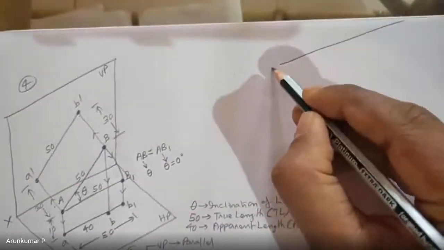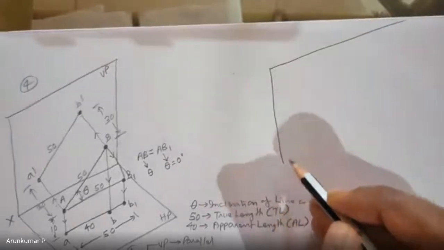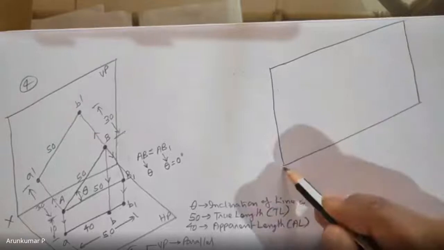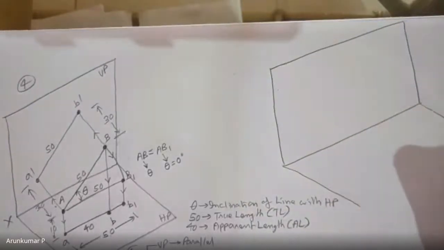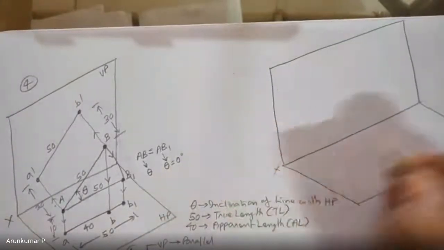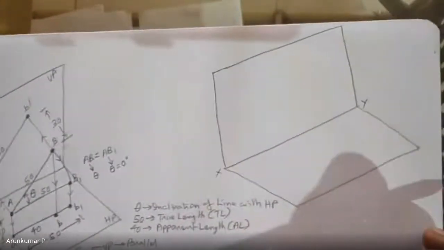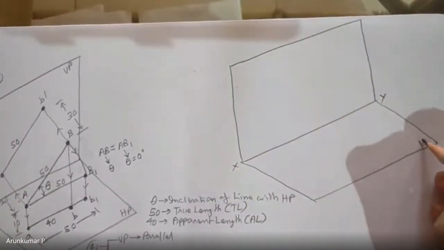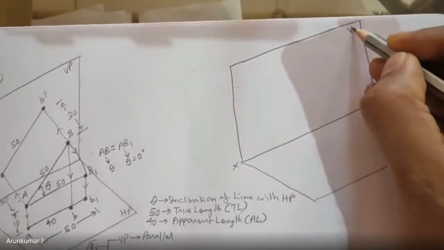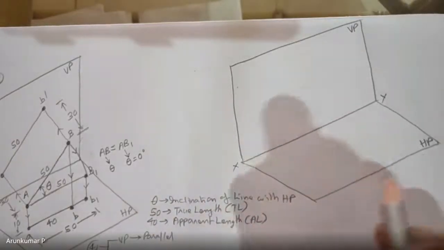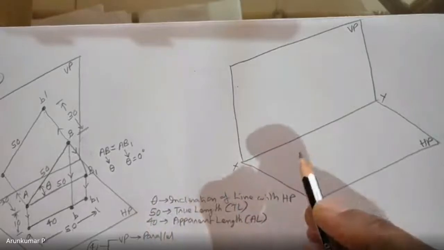Vertical plane, horizontal plane, XY line. So this is HP, this is VP. Now the line AB is like this.